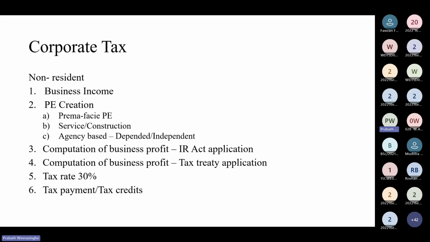Say a branch office has depreciation expenditure, it is not deductible. But if it is a depreciable asset used in the business, we can claim capital allowances. Entertainment expenditure, we are not allowed to deduct, right? Bad debt provision is not deductible. And also you have to consider the provisions of the double tax evidence agreement.